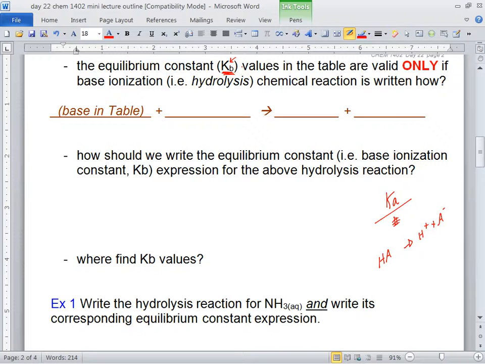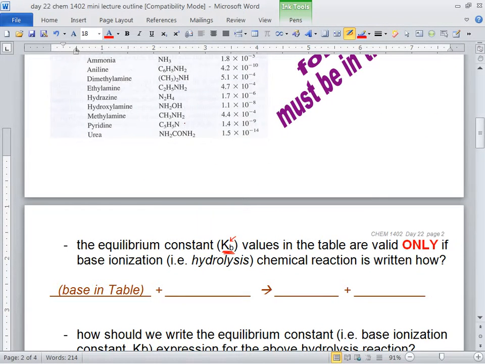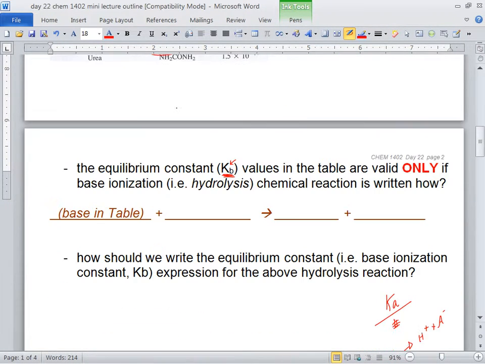Okay, so how do you write these? You have to have the base in the table. So you pick one, right? Any base in the table. But the point is, it's going to react with what? Water.